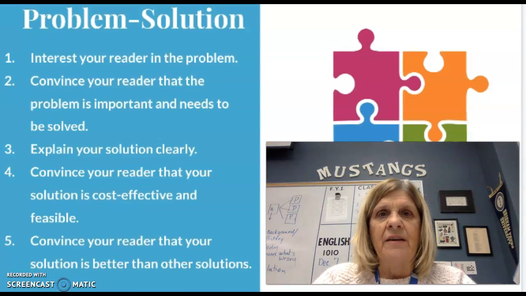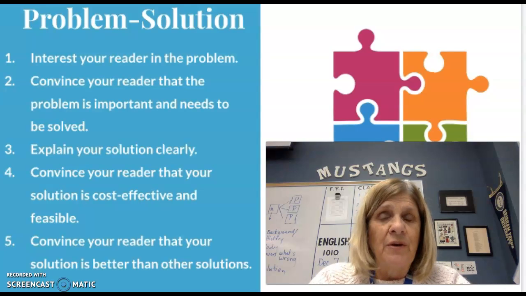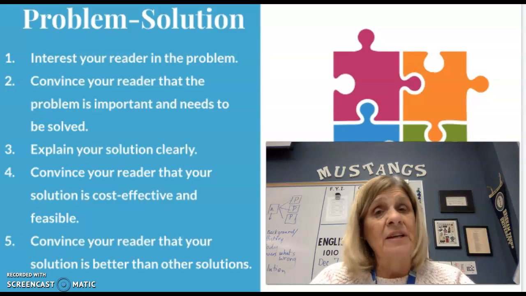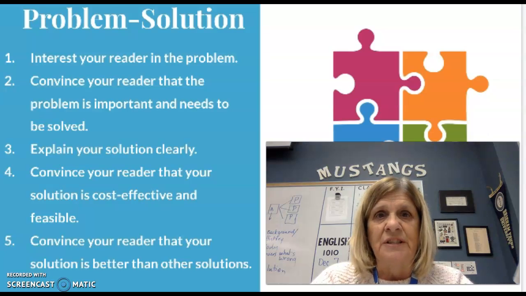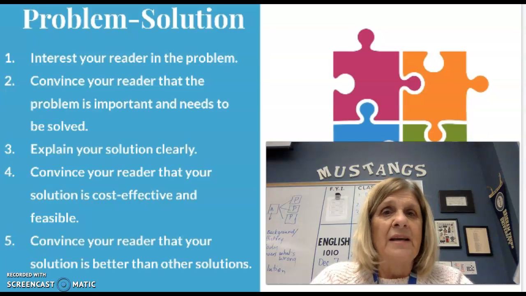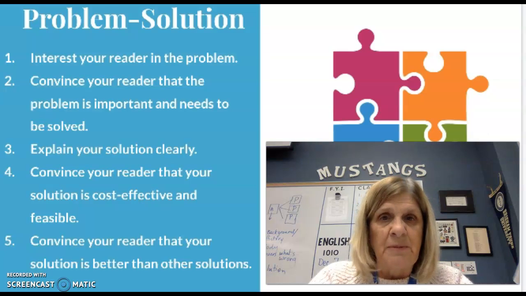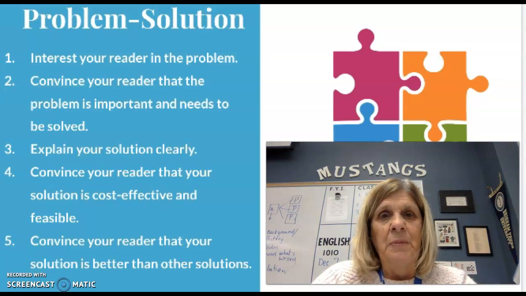Remember that in a problem solution paper, these 5 things are important. Number 1, you need to interest your reader in the problem. And remember, you have a college reader, so it needs to be new information, especially in the body of your paper. But get into the significance of that issue in the introduction and why it's important for it to be solved. And then you're going to explain your solution clearly so that people know what to do.